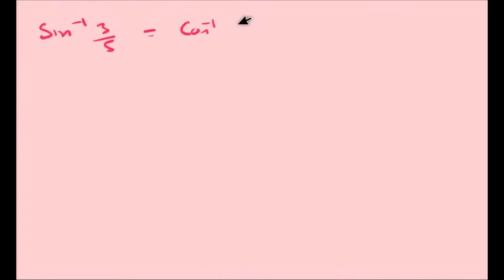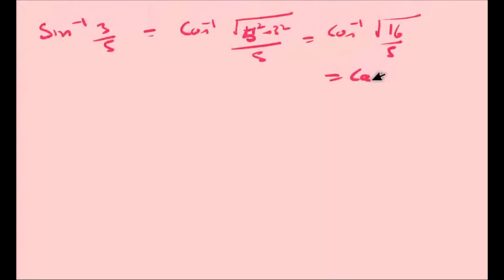The base is the square root of hypotenuse square minus perpendicular square. The hypotenuse is 5, so it equals cos inverse of root 25 minus 9, which is 16, root is 4, upon 5, equal to cos inverse 4 upon 5. This way we can change sine inverse into cos inverse.